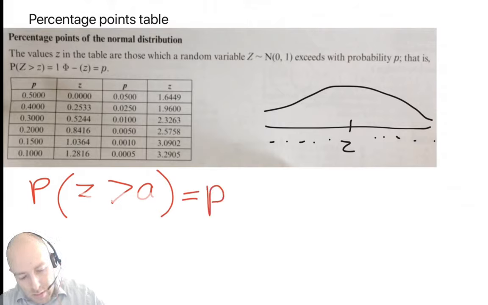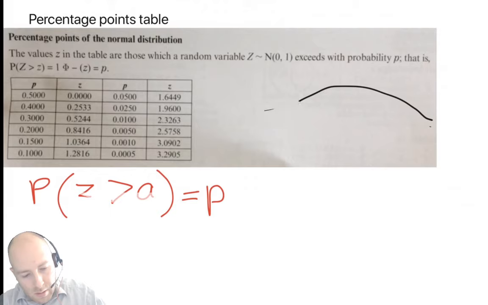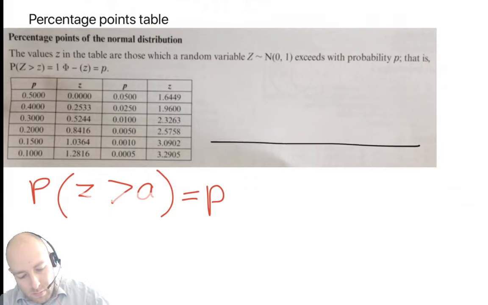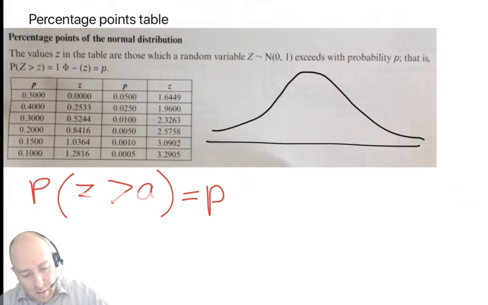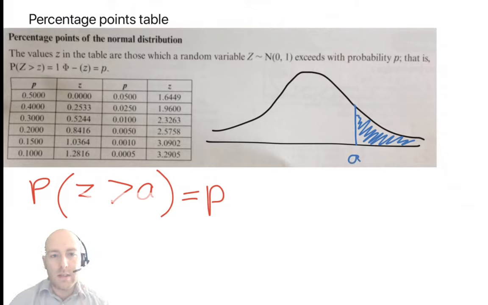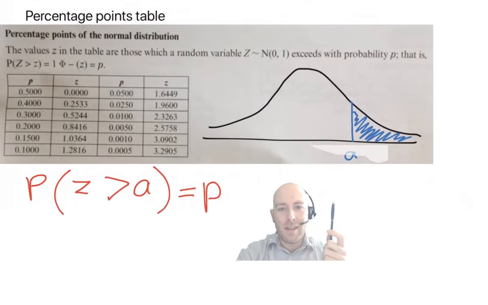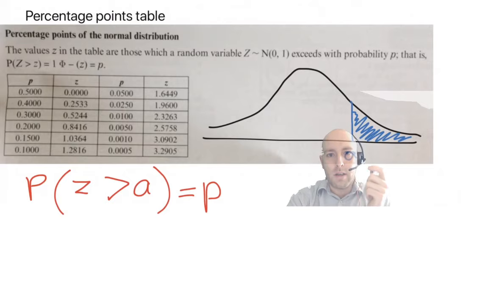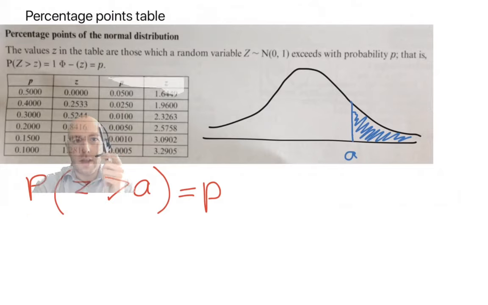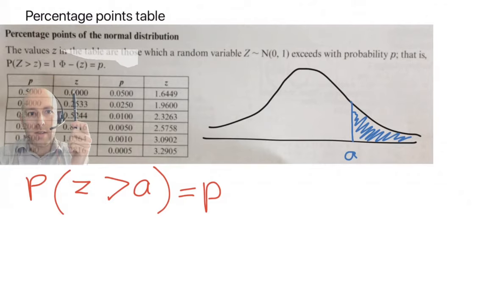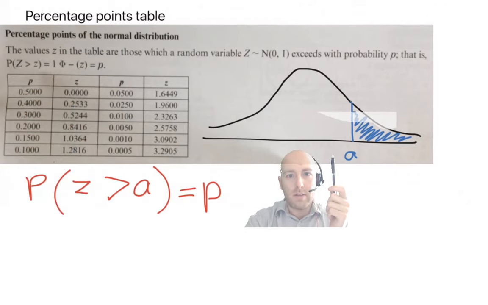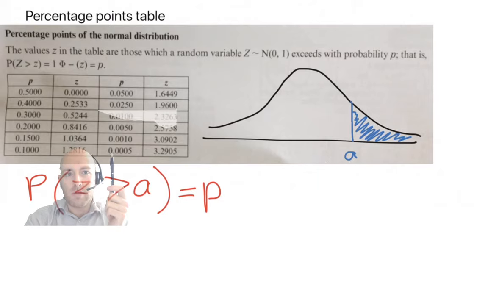So in other words, if you know the probability that z is greater than a, so if you know this probability, you can look for it in this table and you can find the z value, which is this, that corresponds to that value.